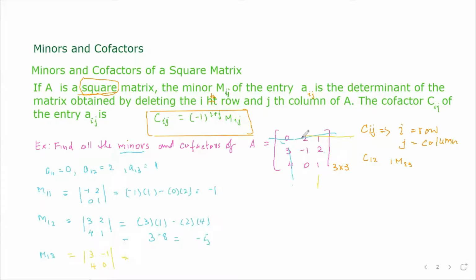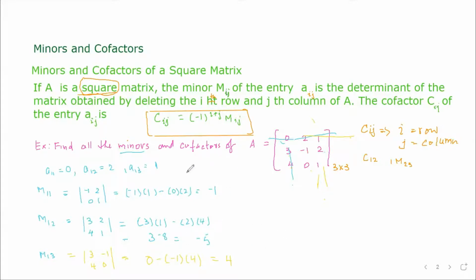Here, first row, third column, you are left with 3, 1, 4, 0. Then you do the same: minus 1 times 4, which becomes 4, but minus becomes plus. So this is M13, the minor of the first row and third column.